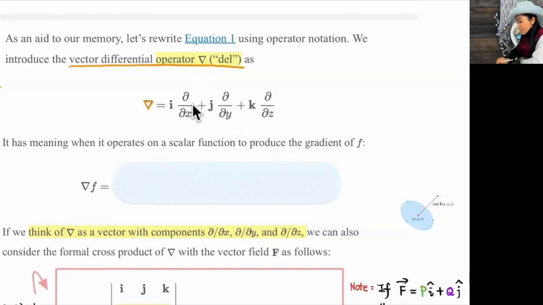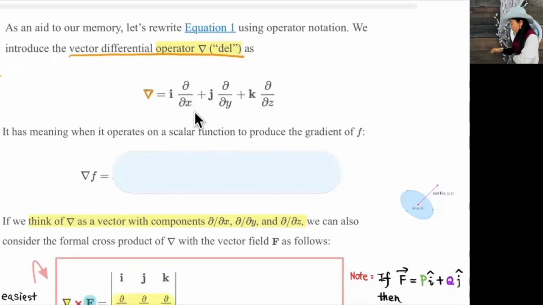Basically, you just take each component and take the partial derivative with it. For example, in the past, we found this del of f, which at that time was called the gradient of f. You can think about it as the differential operator del acting on the function f.